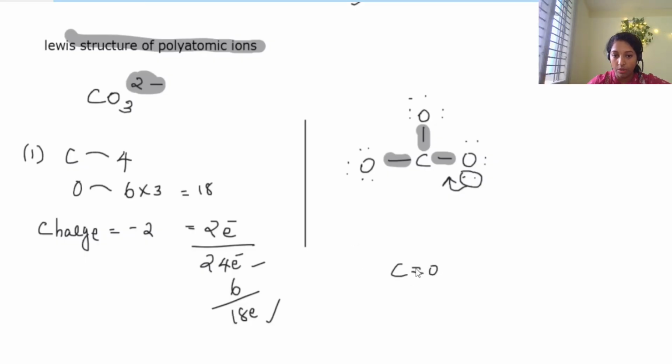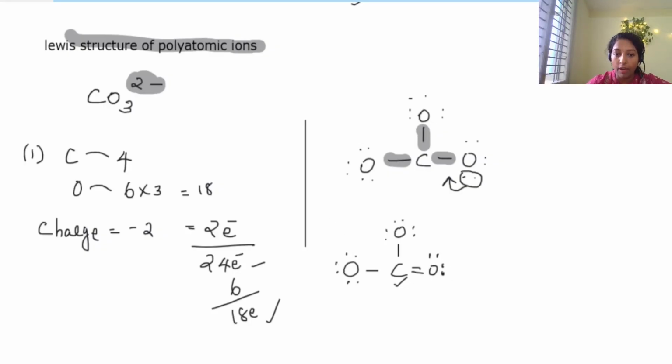Here it's a double bond if you choose that oxygen for delocalization, and all the others remain with 6 electrons, and here there are only 4 electrons. And what about the carbon? 2, 4, 6, 8. So carbon is already satisfied, and the oxygens are also satisfied.